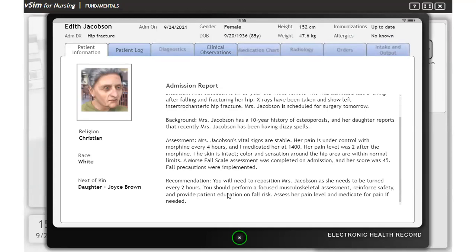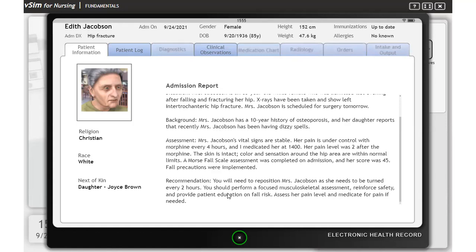The nurse already gave her morphine at 2 p.m. Her pain level was 2 after the morphine. It tells you what the nurse did and then what you should do. So your job is going to be to reposition her, turn her every 2 hours, perform a musculoskeletal assessment, reinforce safe patient education on the fall risk, assess the pain level, and medicate if needed.